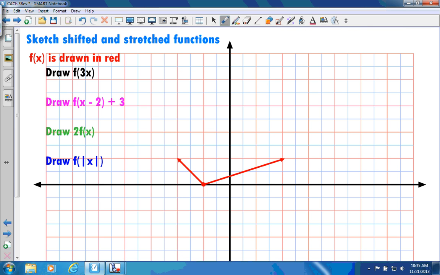And then you'll have a few where you're going to have to sketch a graph. So here's our function drawn in red. For this black one, what is happening to it? Is yours different? Where is it at?